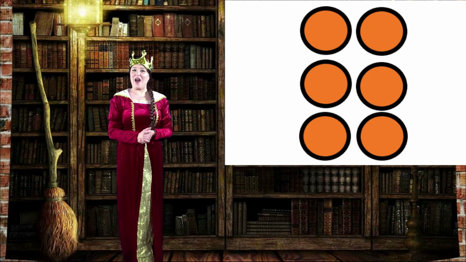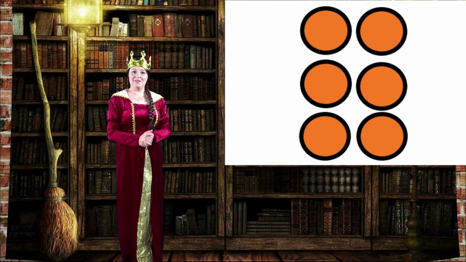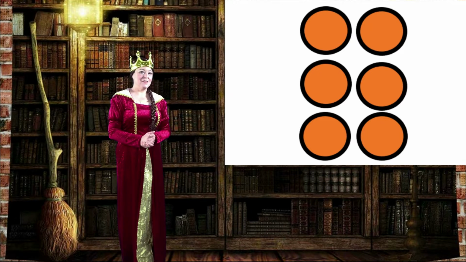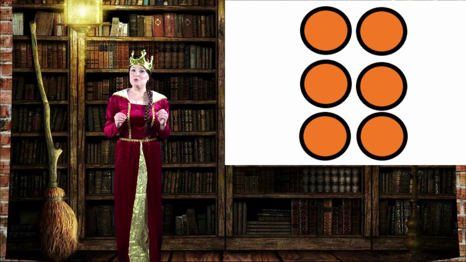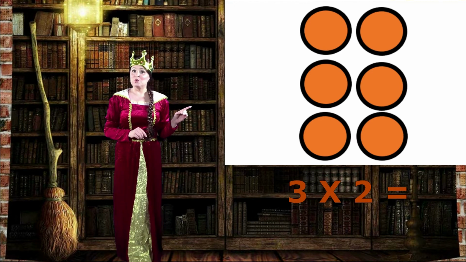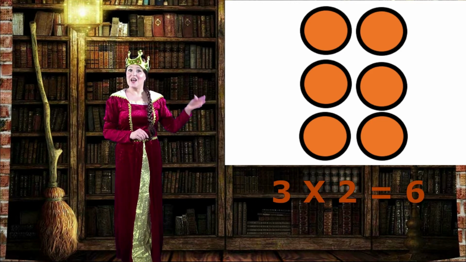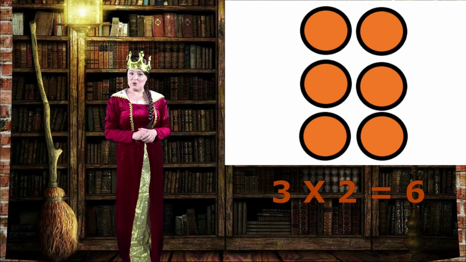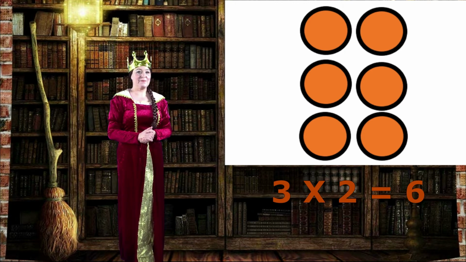How can we write this as a multiplication? Good. 3 groups of 2 can be written as 3 times 2. And we know that 3 times 2 is 6. There are 6 circles altogether. 3 times 2 is 6.